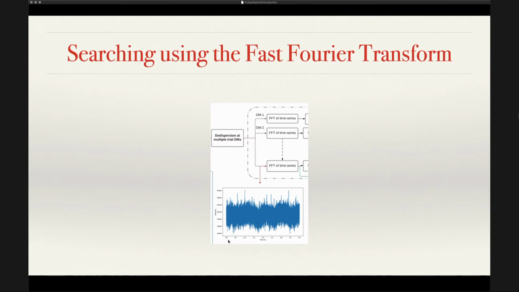Now, I've only shown 4 seconds worth of data here. Normally we would be observing for many minutes, but this is just to demonstrate the data. And so the next step is that we want to take the Fourier transform of every single one of these dispersion measure trials.